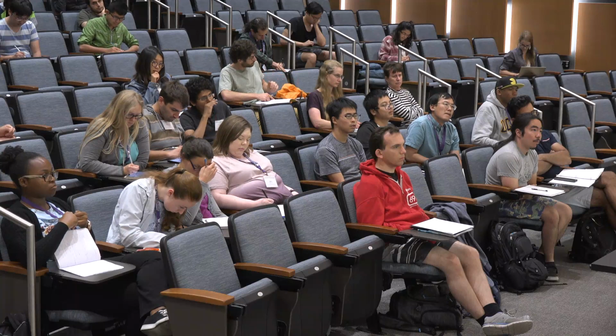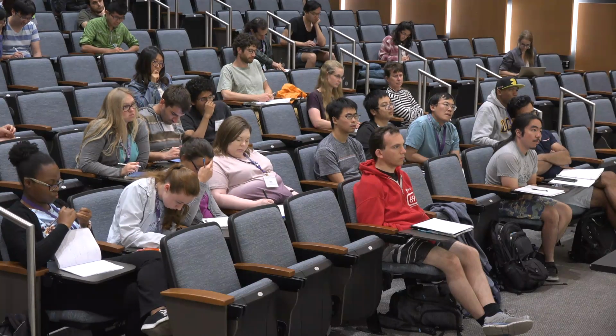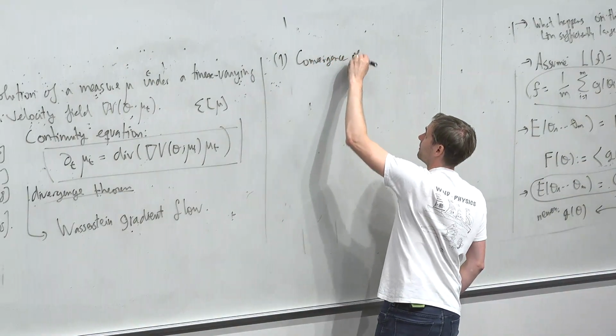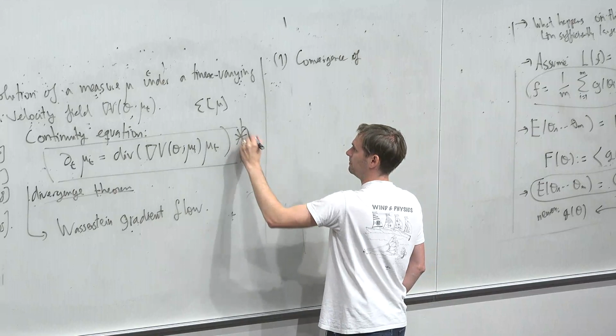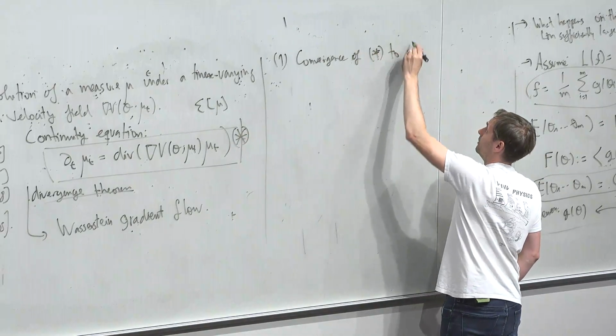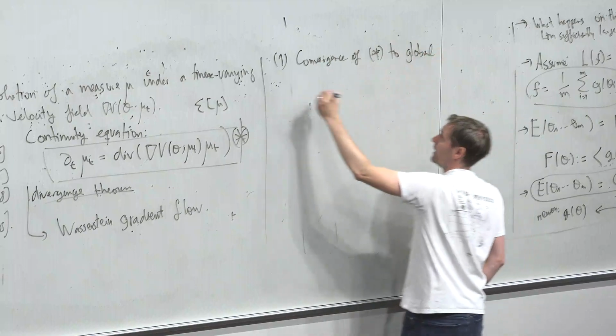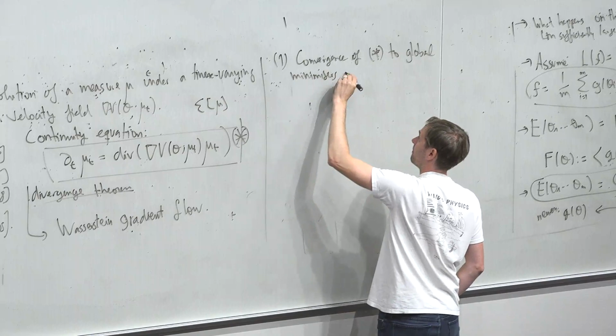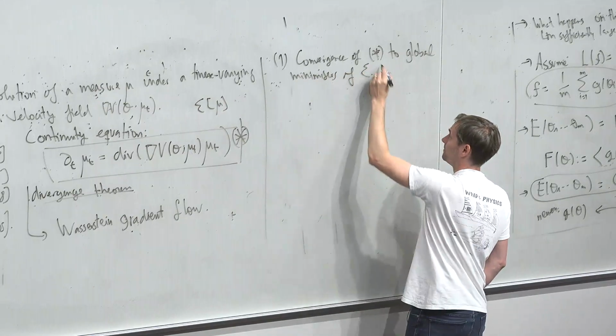The first one is, what can we say about the convergence of this PDE to global minimizers of the functional?